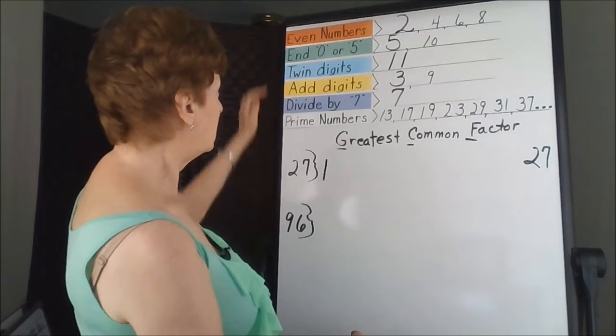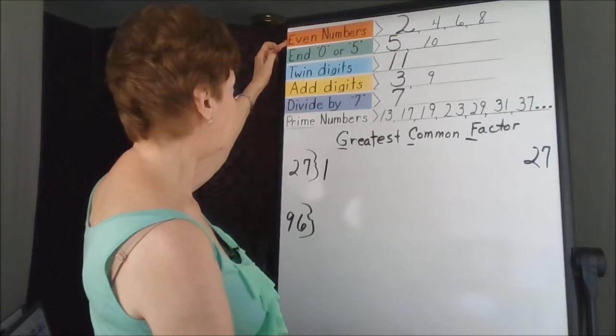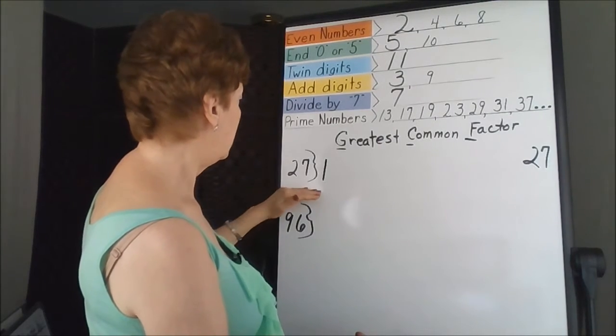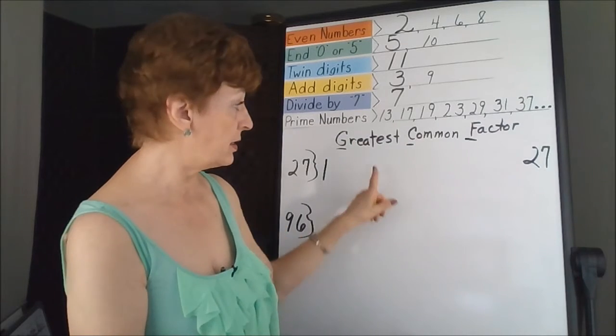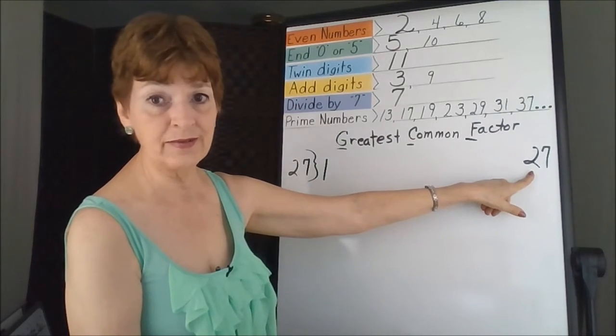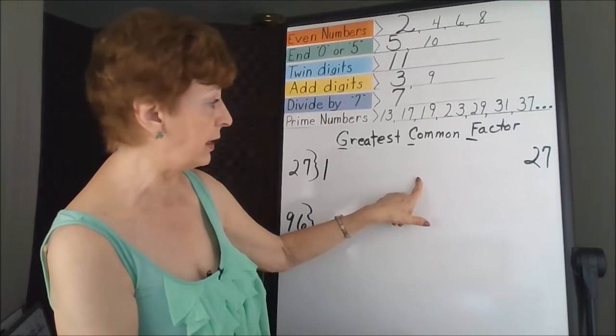Will 2 work? No, 27 is not an even number, so we're going to skip that and go on to 3, because we're going to be in counting order, 1, 2, 3, 4, until we finally get to 27. But we'll get there quickly because we're going to eliminate some of the other numbers in between.